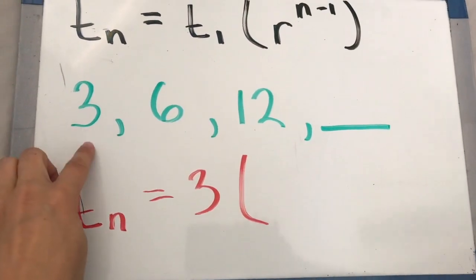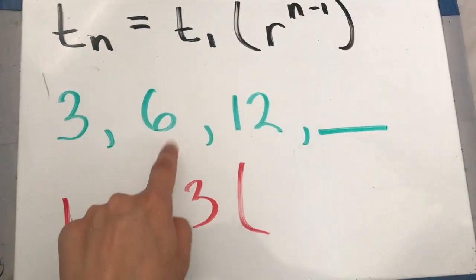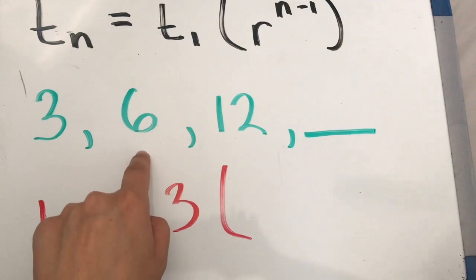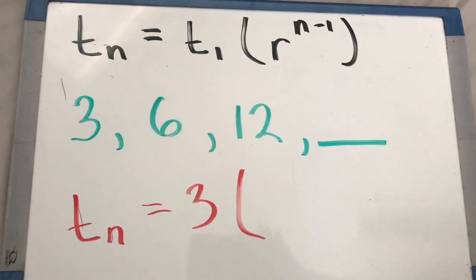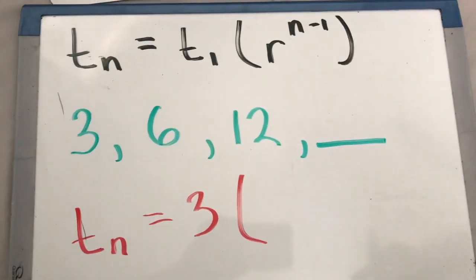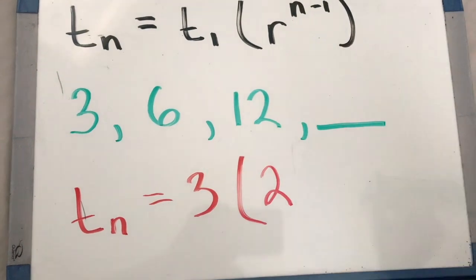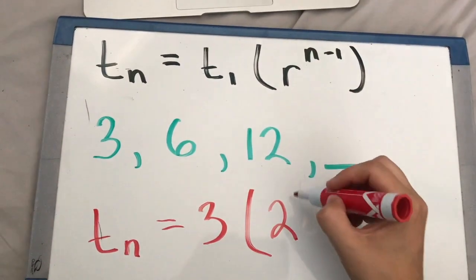So what times 3 will give me 6? Well, 2 times 3 is 6, and then 2 times 6 is 12, so I must be multiplying by 2. So my r is going to be equal to 2 because that's what I'm multiplying by. So I'm just going to plug in 2 right here, and then my exponent is just n minus 1.